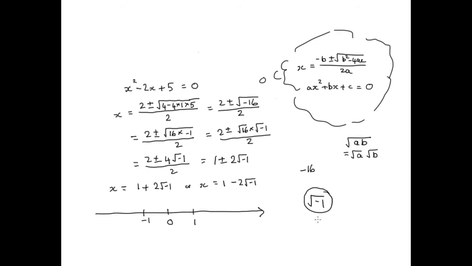entity, whatever it is. Let's just, for the sake of argument, call it i. We'll give it a symbol, i. Now, because it's supposed to be the square root of negative 1, i would therefore have the property that when we square it, we will get minus 1. And notice I'm going to assume that this thing behaves as real numbers do.